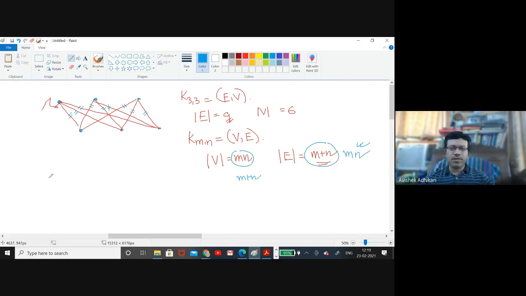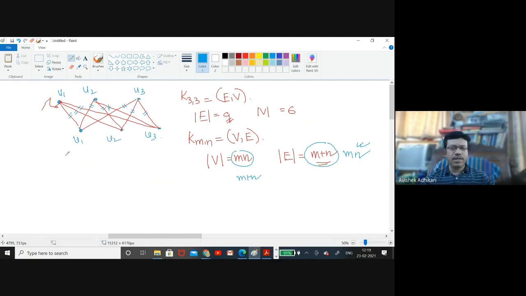Now tell me what would be the distance between two vertices. So here I have say u1, u2, u3, v1, v2, v3.